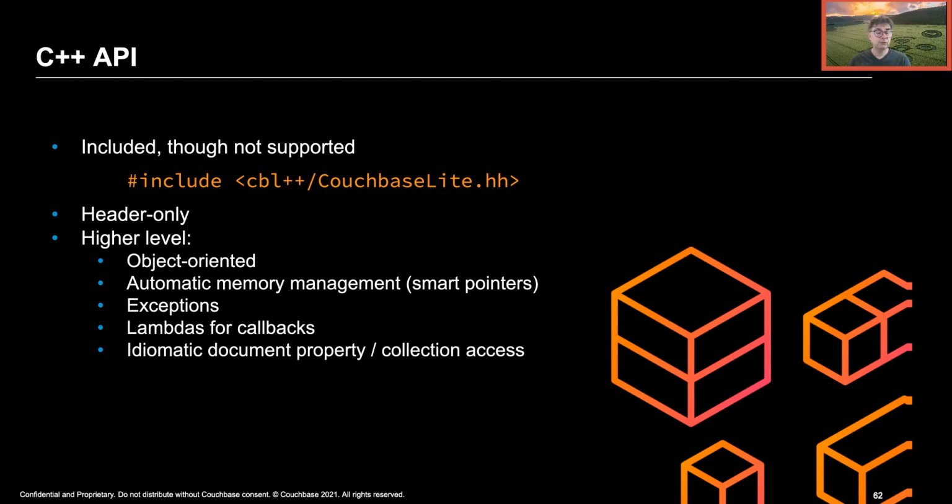You can use lambdas for callbacks, so you don't have to manually pass context pointers around. And the Fleece API also has a C++ wrapper that lets you treat these dicts and arrays and values as objects with subscript operators and such to make them behave pretty nicely. In fact, I'd say they're even more convenient to access than the STL collections are.